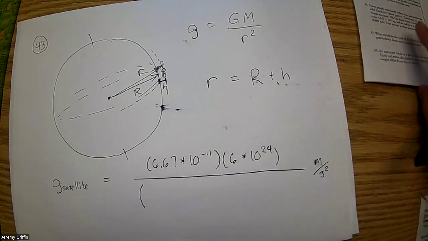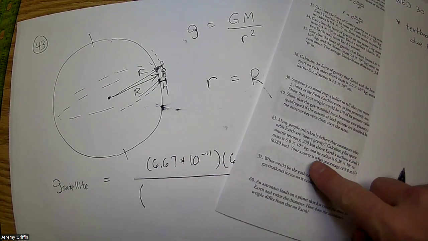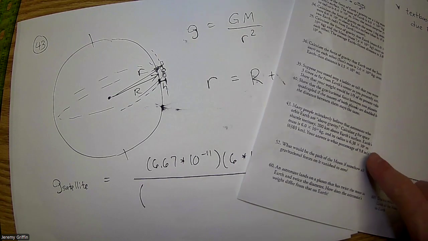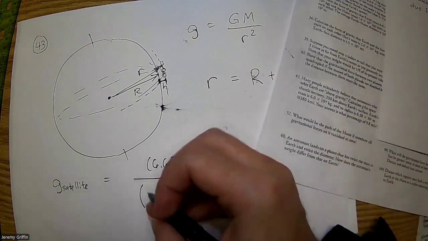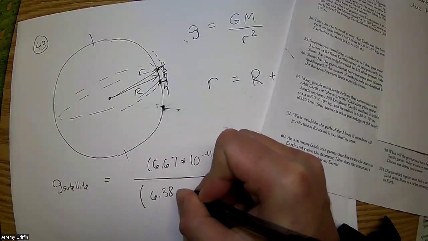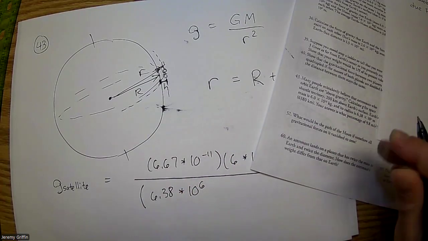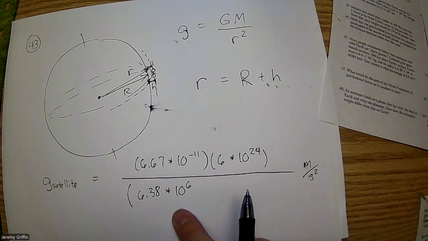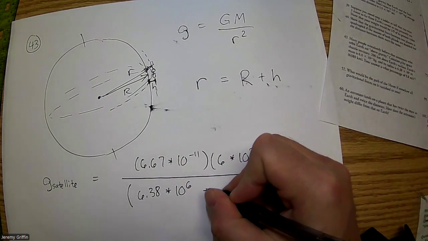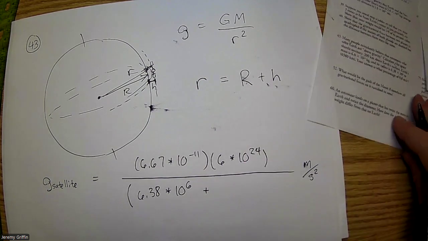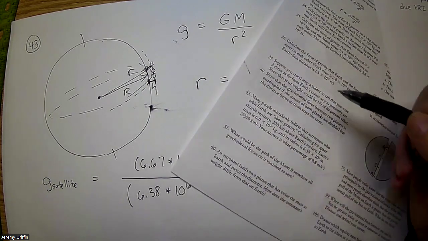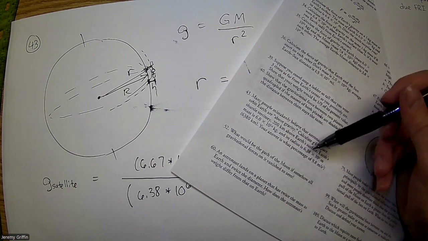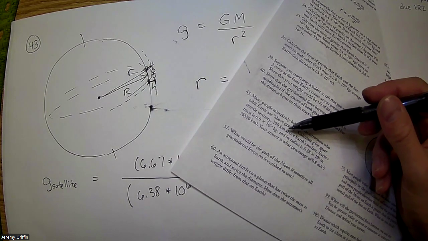So let's do the radius of the Earth. They said use 6.38 times 10 to the 6. Now that's meters, but again, I pulled my units out already. So you guys know that's some number of meters, right? Plus the height above the Earth. And they said low Earth orbit might be, what number do they call it? 200 kilometers up, right?